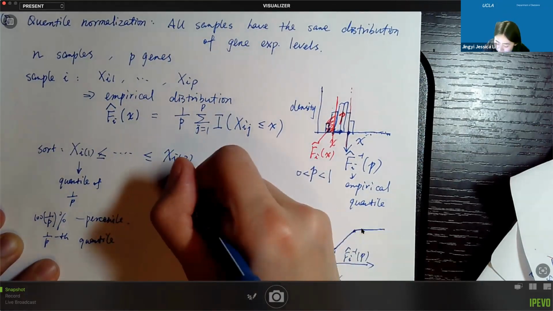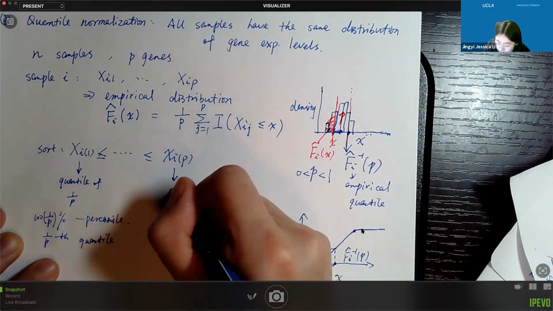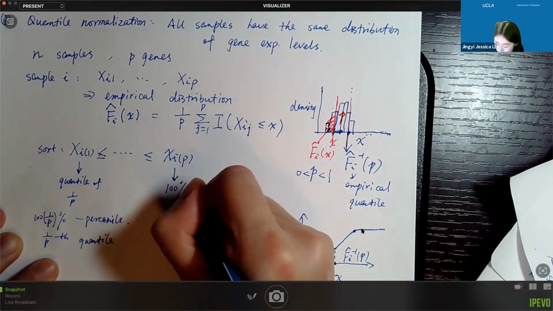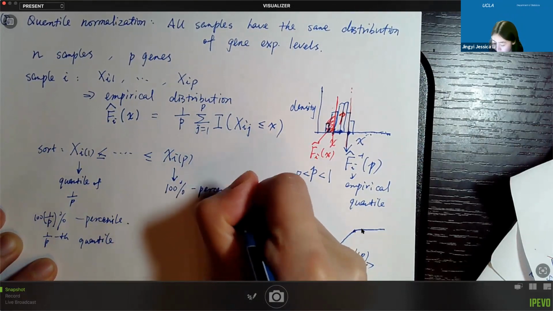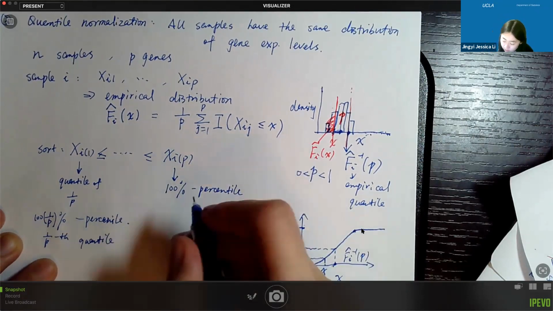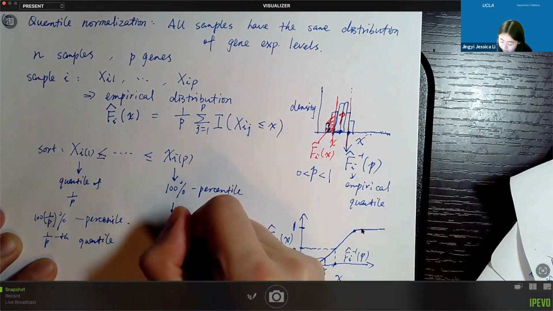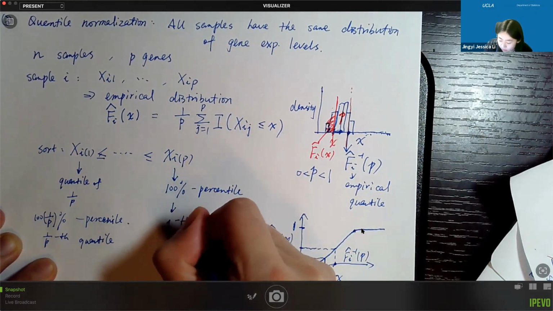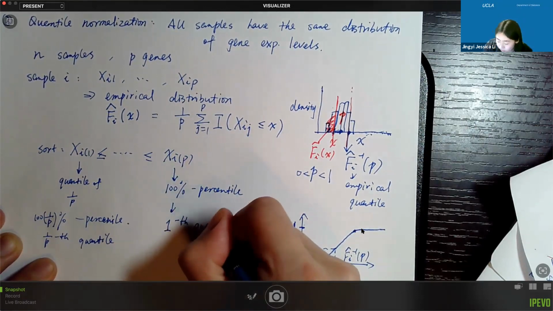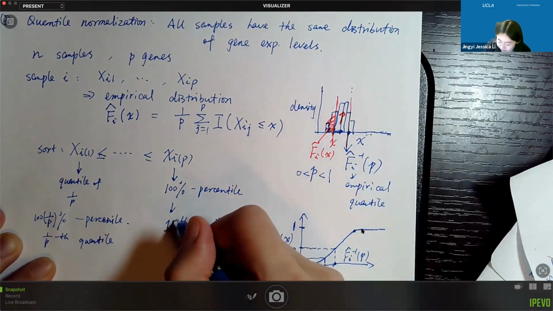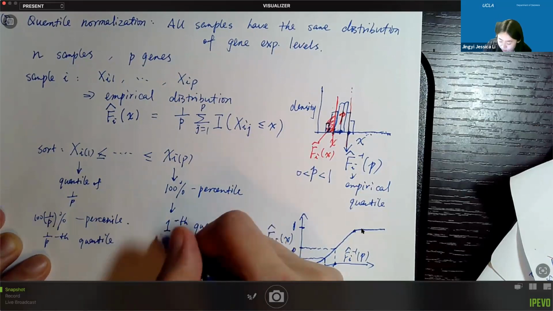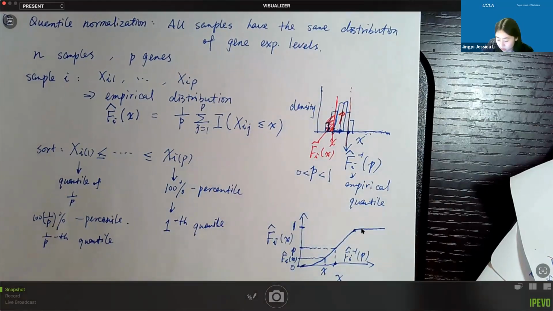Correspondingly, this will be the 100th percentile because its left tail probability is 1, or you can say it's the 1 quantile. Probably this is not so good to say, but you know what I mean. This is probability 1's corresponding quantile.